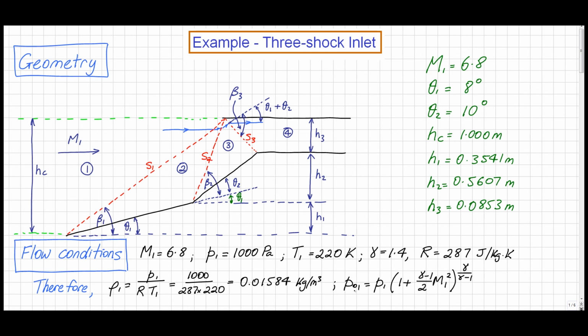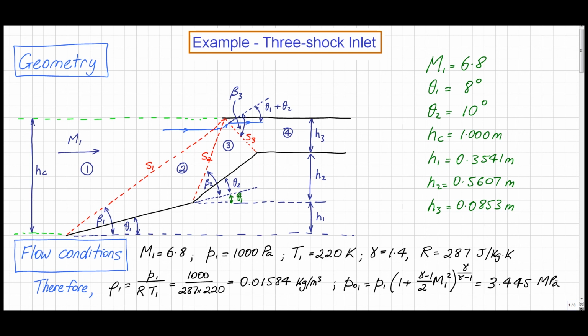We can also calculate the stagnation pressure of that flow using this expression here straight out of our isentropic flow analysis, and when we put the numbers in for that, we find that the stagnation pressure is 3.445 megapascals, so 3.445 times 10 to the 6 pascals.